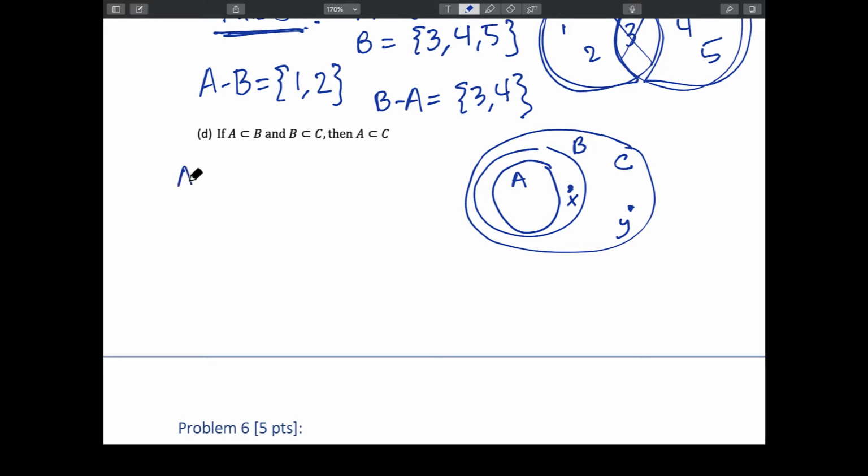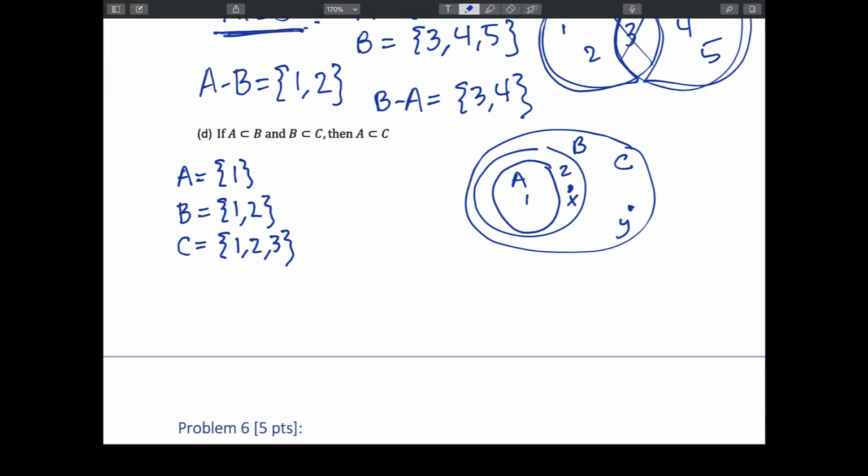So I can say A is the set containing 1, so there's my 1. B is the set 1, 2. So we see that A is a proper subset of B, and C can be the set 1, 2, 3. Might as well come up with the simplest thing that we can fit.